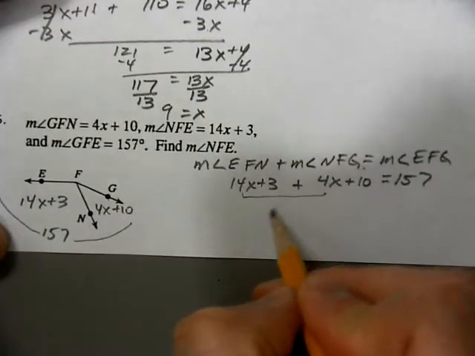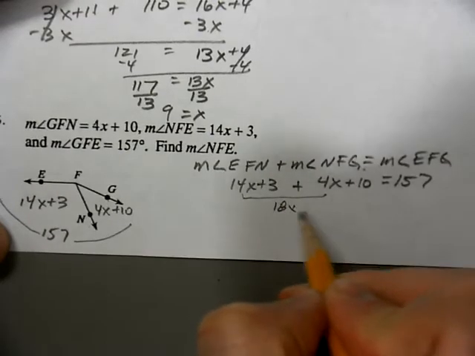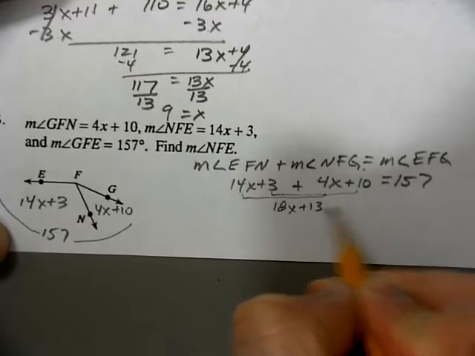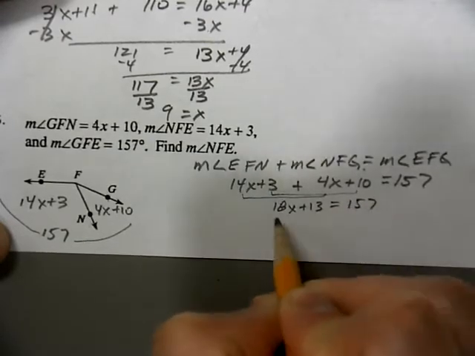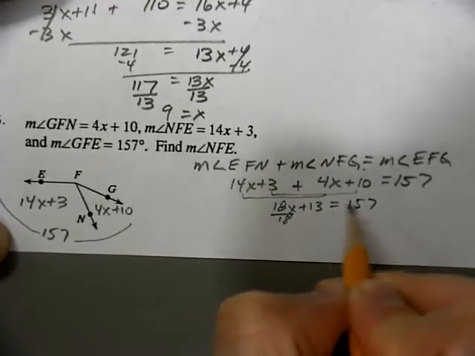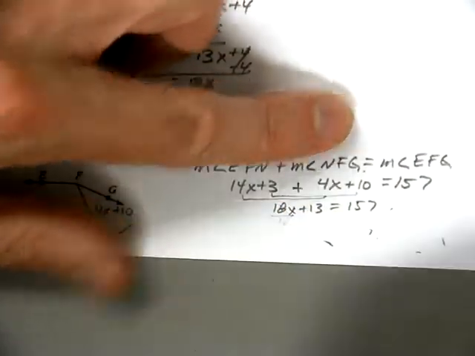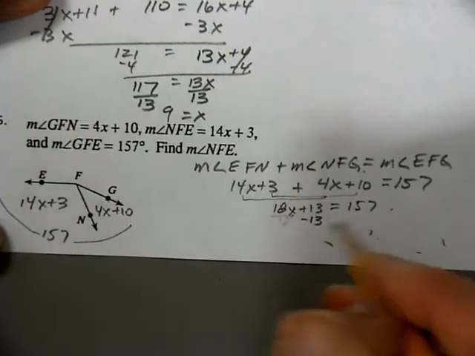So we group our like terms together to get 18x, and our like terms together to get 13. Divide by, well, sorry, can't divide yet, my bad. We need to subtract the 13 first.